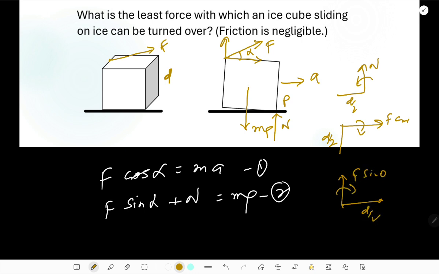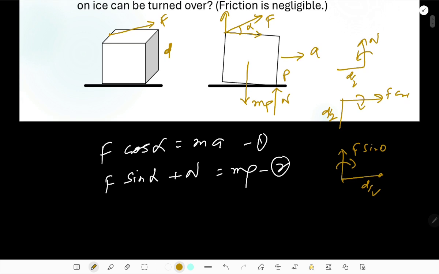So we can simply write the balanced equation of torques like F cos alpha multiplied by d by 2 plus F sin alpha multiplied by d by 2 minus normal d by 2. That means, or leave the minus sign, we can balance those torques.